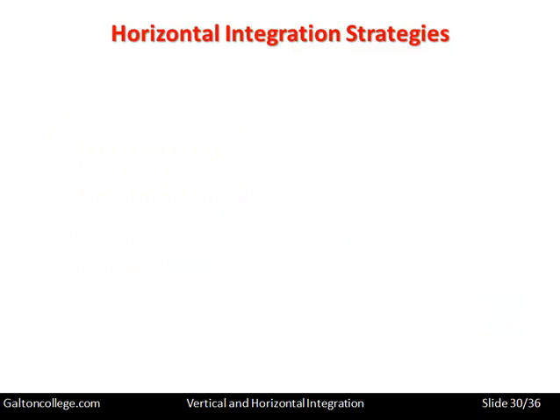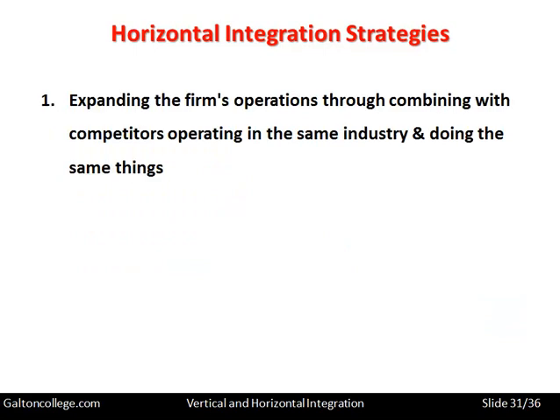Now, horizontal integration strategies. Well, expanding the firm's operation through combining with competitors operating in the same industry and doing the same things. This is horizontal. It looks at who its competitors are and tries to do deals with them, to share transportation, to share warehousing, to share bulk buying, so it can get discounts off the suppliers.